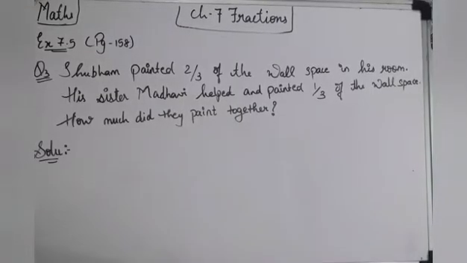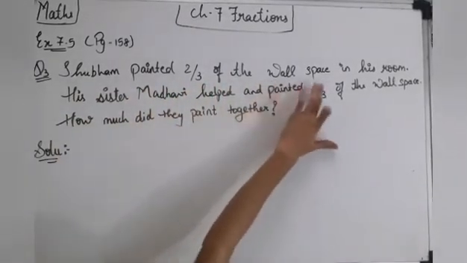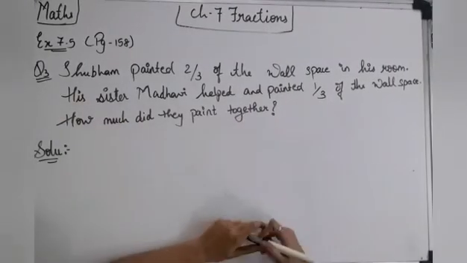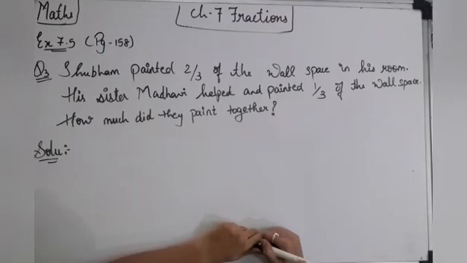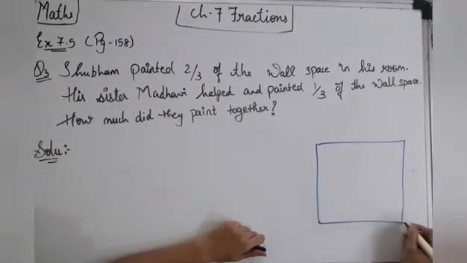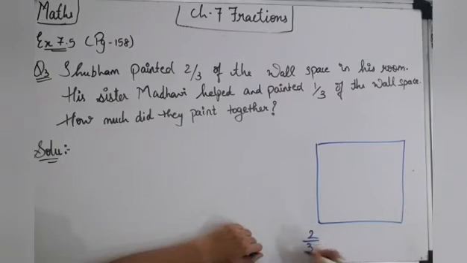In question number 3 of exercise 7.5 from page number 158, the question is, Shubham painted 2 upon 3 of the wall space in his room. Shubham was a boy and he has painted his room wall. So we consider this was a wall and he has painted how much? 2 upon 3.